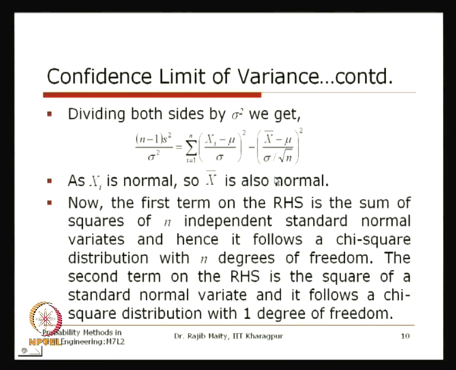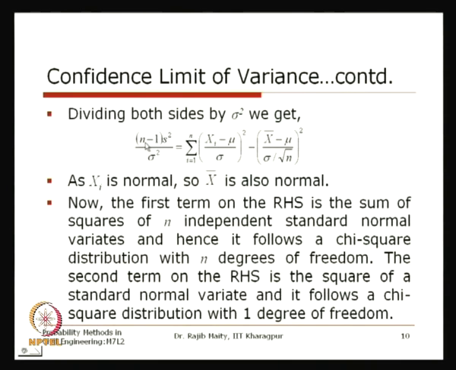Now, the difference of two chi-square distributions with different degrees of freedom is also a chi-square distribution. So what we can say from here is that this full quantity is a chi-square distribution with degrees of freedom equal to n minus 1.